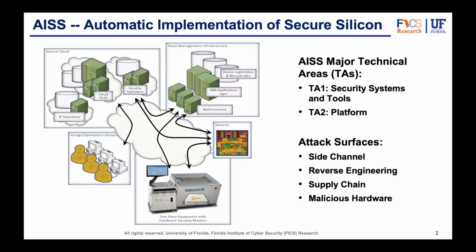In a sense, it focuses on ensuring the enrollment is done at the fab. And from there on, the chip can always be authenticated through an asset management infrastructure where the chips and the systems can be fully authenticated throughout their lifecycle.